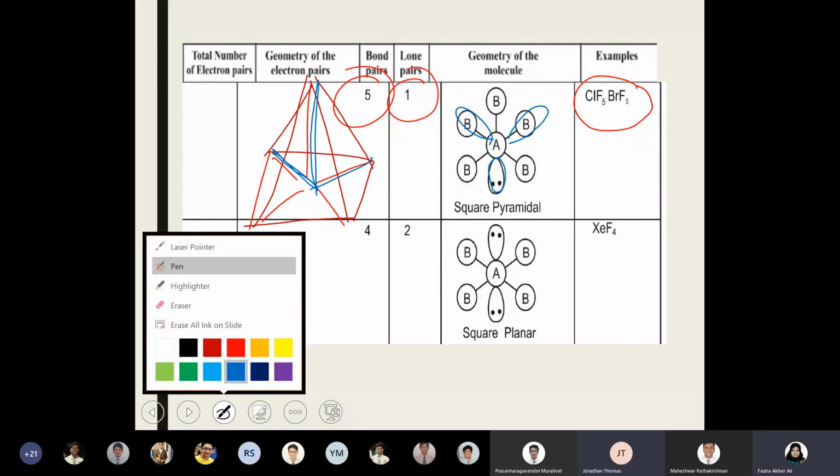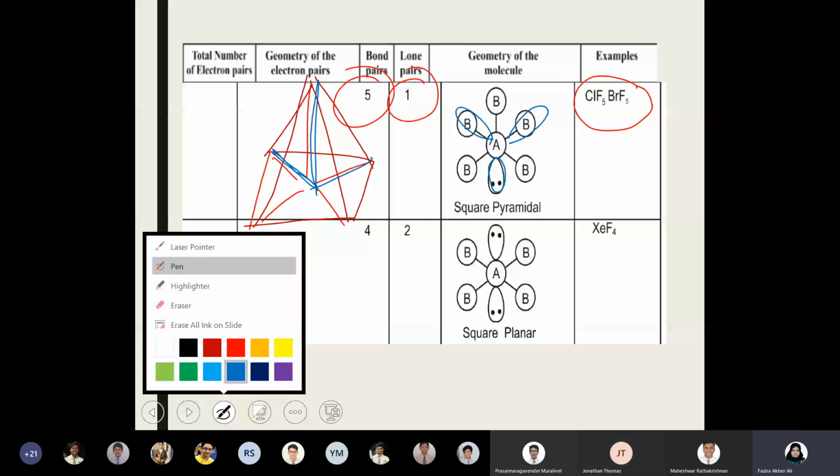Ma'am, when we explain this, we have to write that we can't represent the lone pair with a line because it's not a bond? Or you can say, because of the presence of one lone pair, there is a distortion in the geometry and the final shape of the molecule. Rather than explaining that you can't draw a line, which is very low level, don't explain that. That's just for the explanation part in class. When you're writing, no need to explain each and every minute detail like what we discussed in the class.